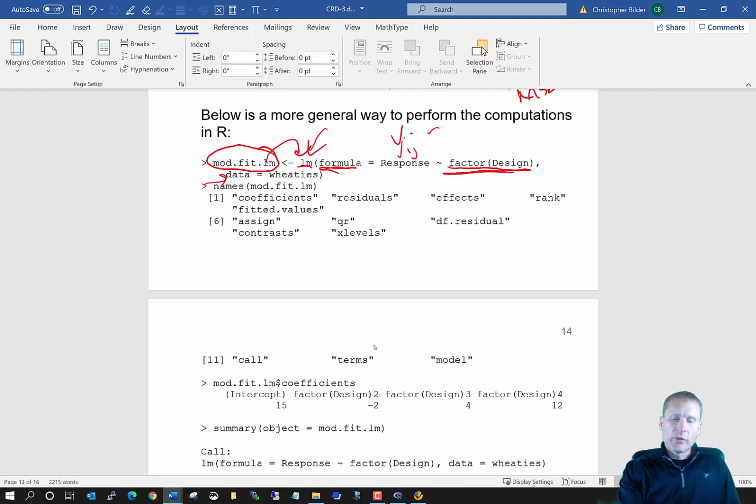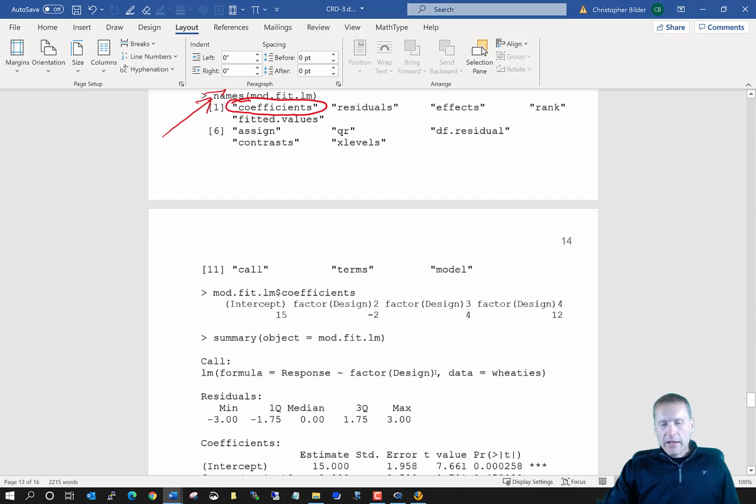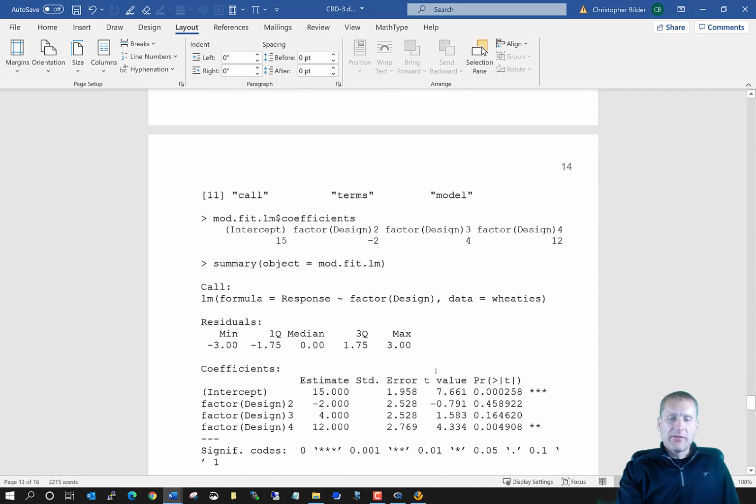And then what's returned is a list type of object in R's terminology. If I use names with that, then we have information about what's actually stored inside there. In particular, what I want to look at is this right here, coefficients. And to access that bit of information, I put my list, $, the name of the component of that list that I want to take out of it.